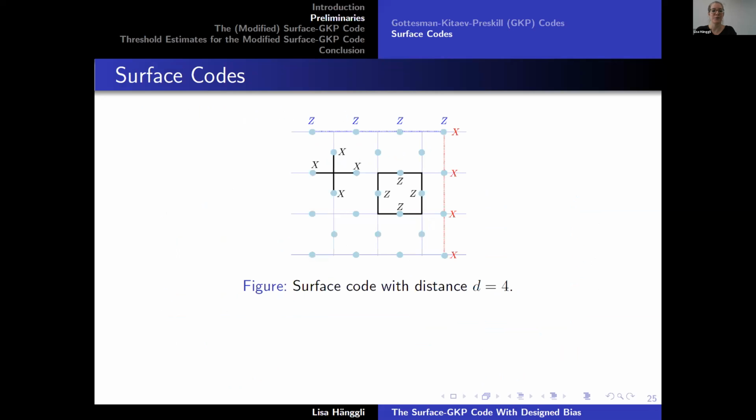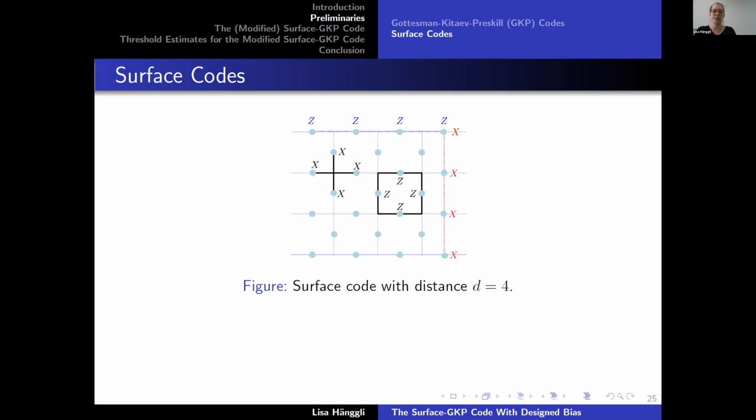I won't go into too much detail for the surface code, I promise. So we consider L times L surface codes with smooth top-bottom boundaries and rough left-right boundaries, and the qubits are, as usual, placed on the edges of the grid, and the stabilizers, which are marked with black lines in the picture, are on the one hand the vertex stabilizers, which are Pauli X operators acting on the qubits on the edges incident to the same vertex.